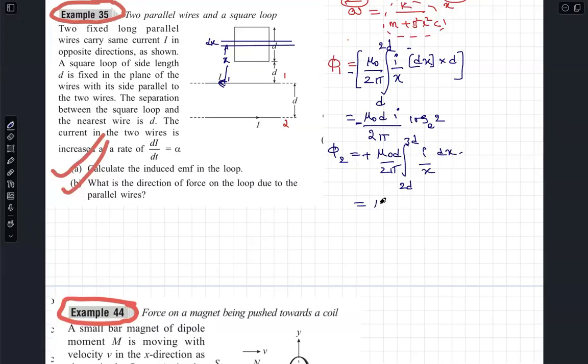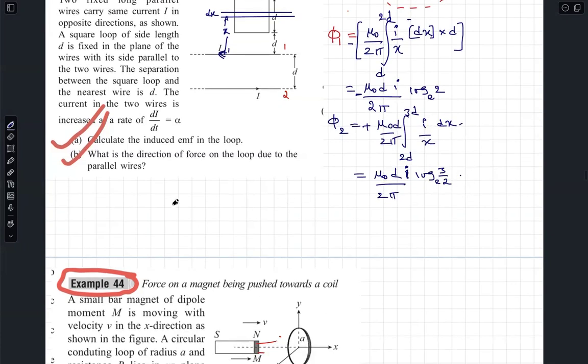So you will get the answer as mu naught d I by 2 pi times natural logarithm of 3 by 2. So what is the net flux? Mu naught d I by 2 pi into log e 1.5 minus log e 2.